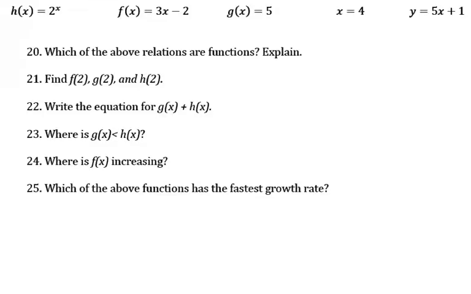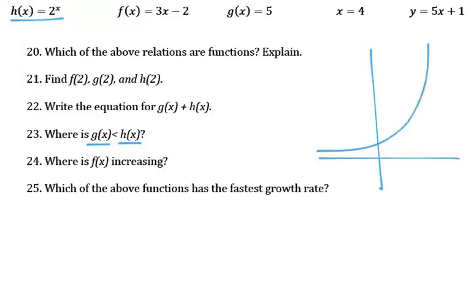Okay. Gonna clear our ink here so we have space. Where is g of x less than h of x? Alright. So h of x is exponential. We know it's going to look something like this. G of x is just a straight line of 5. So we want to know at what point they intersect, and then h of x becomes greater.